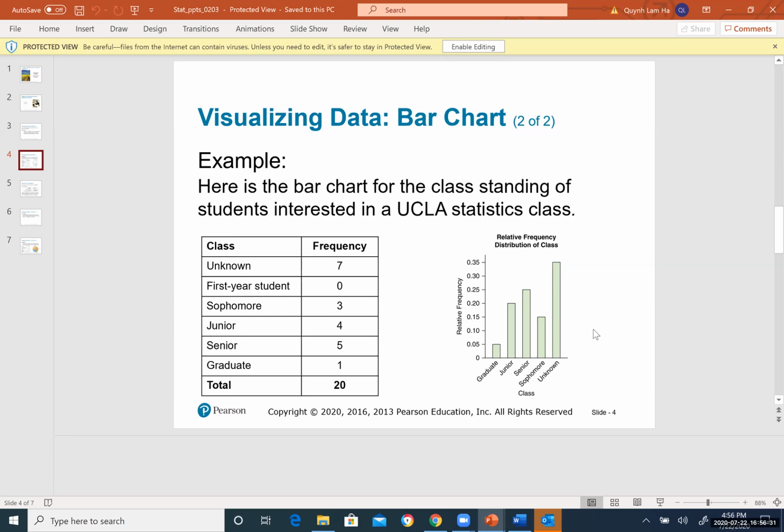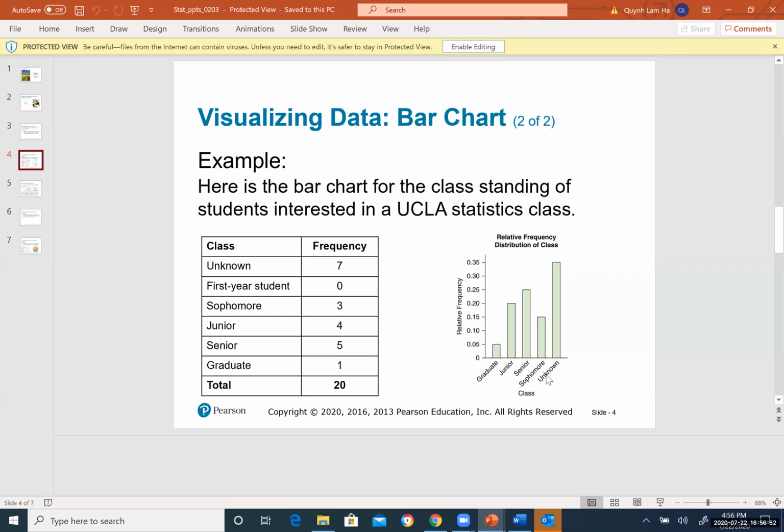you can graph whatever order you want. However, here they chose to graph graduate and then junior, senior. You see that they did not follow the order, so it doesn't matter.